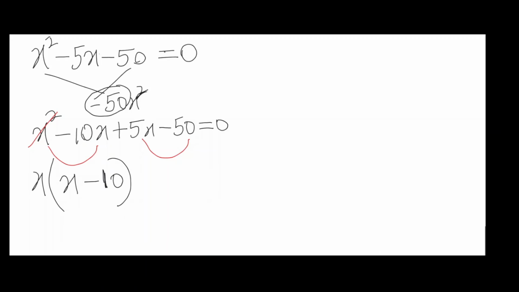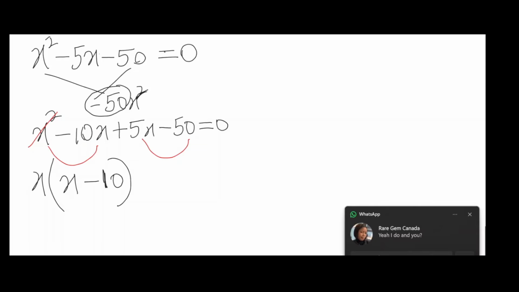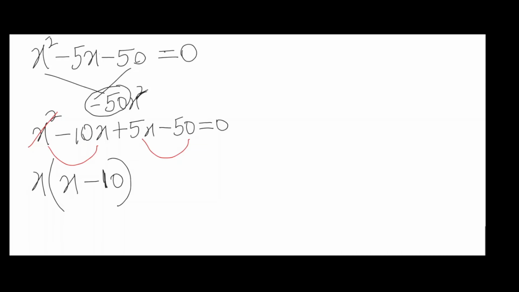Then we look into the next grouping, which is 5x and minus 50. And as we can see, 5 is common. So we write 5 outside. So we have plus 5. Then we have our parentheses. So we say 5 in 5x. It's just like saying 5x divided by 5. Of course, 5 and 5 will divide. They are left with x.